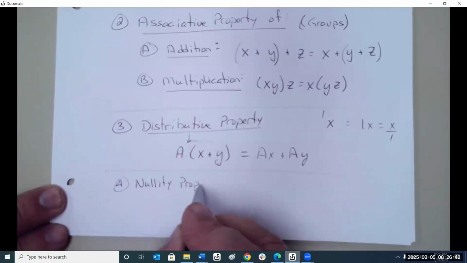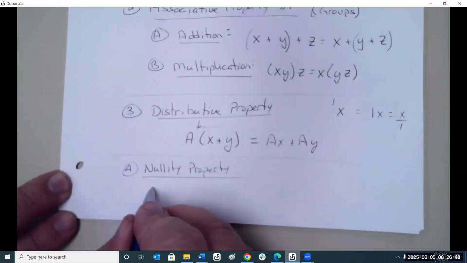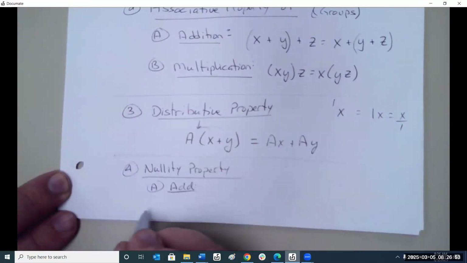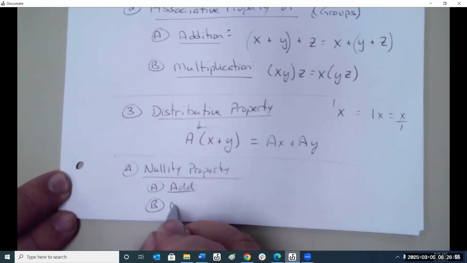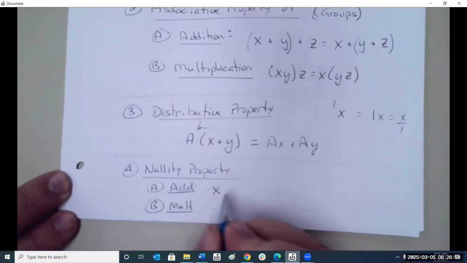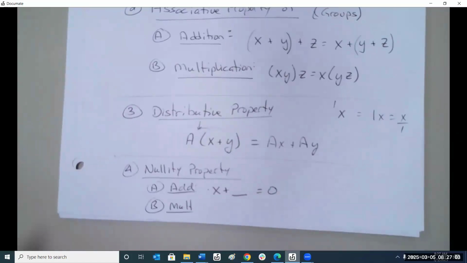Then we had the nullity property. We had a couple other ones, but: x plus what gives me 0?